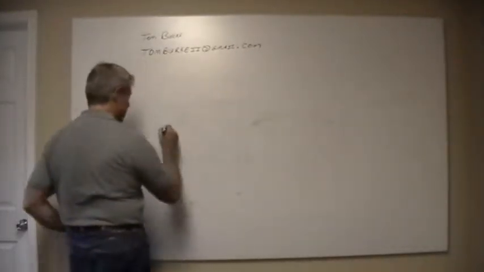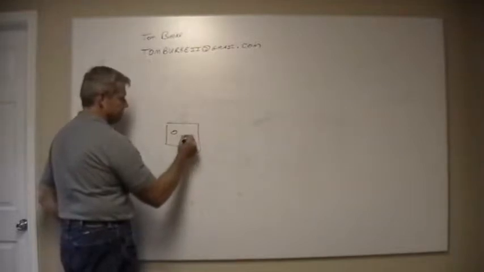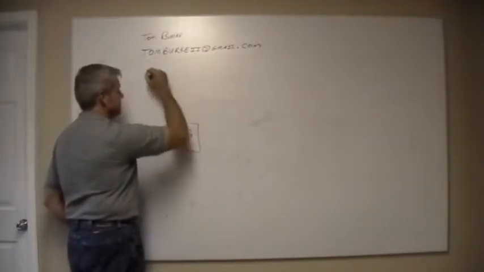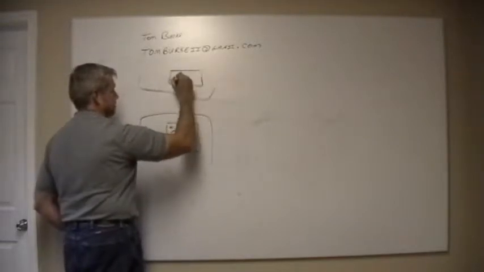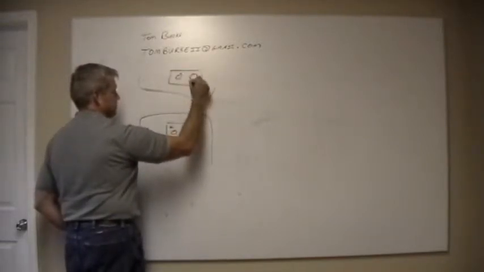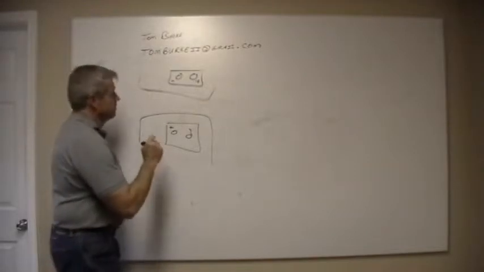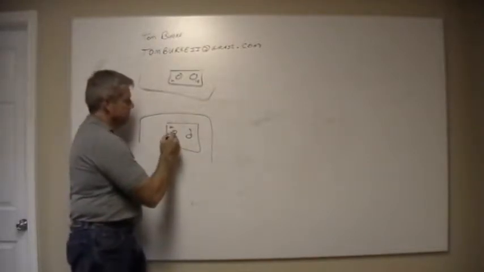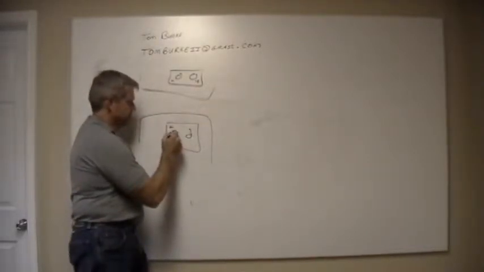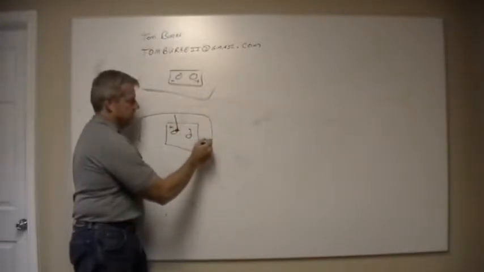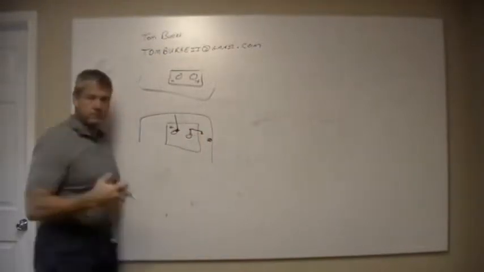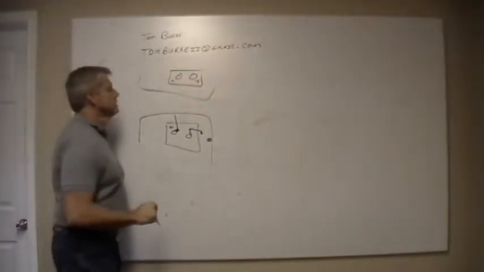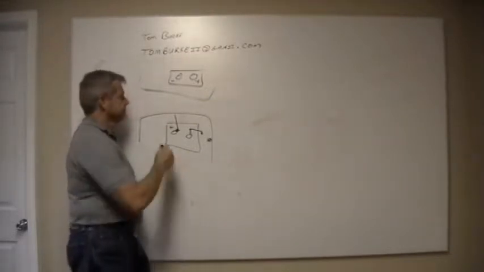If you're jumping a car, here's battery number 1, plus, minus, and here's car number 2 with their battery, plus, minus. Number 1, always connect the positive terminal first, clip directly to the battery, and then clip over here on the frame, because the frame is ground in most modern cars, negative ground.